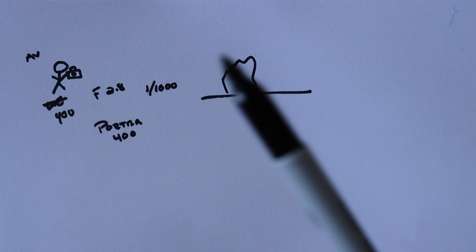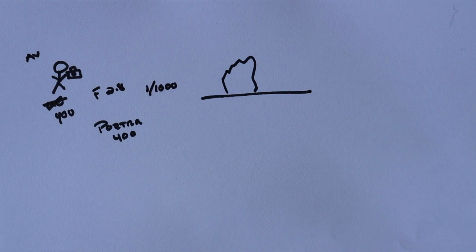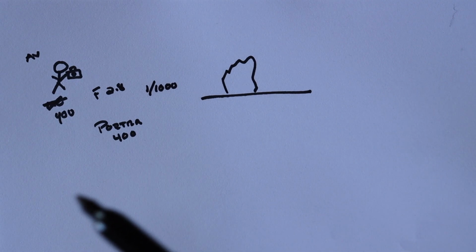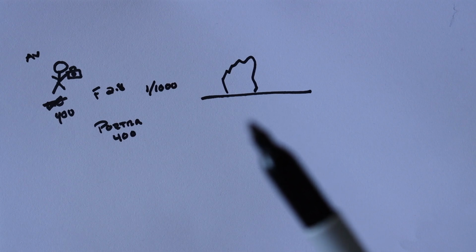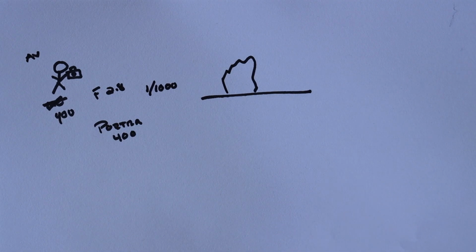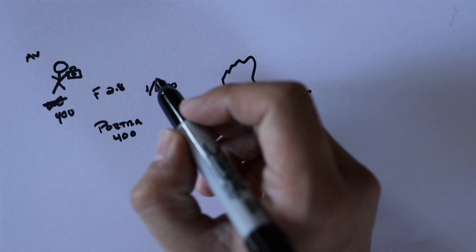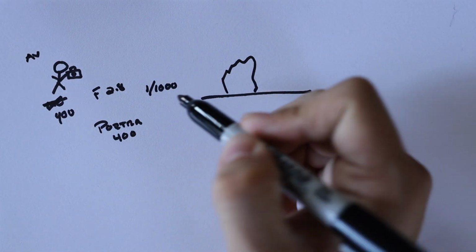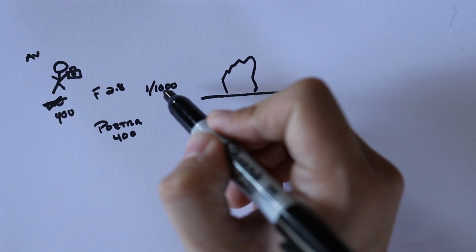Okay, simple enough. If you wanted to overexpose that and you didn't know anything, you would take this reading, see that it wants 1/1000th of a second, and you're in aperture priority, so you want to leave it at 2.8. So we're going to leave it at 2.8. You'd say, okay, I want one stop overexposed.